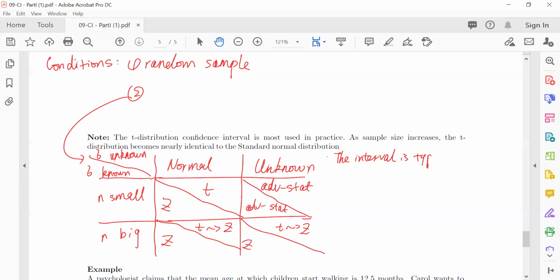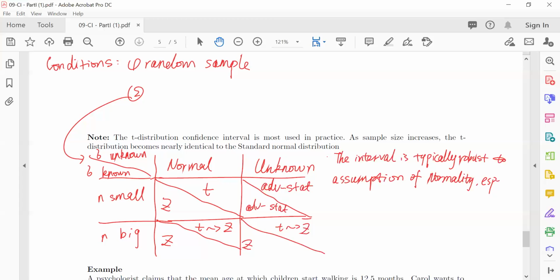That means it's kind of like okay estimation even though your assumption is violated. So this interval is typically robust to the assumption of normality.